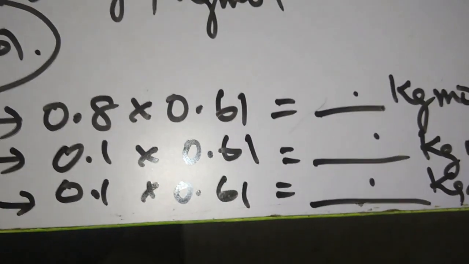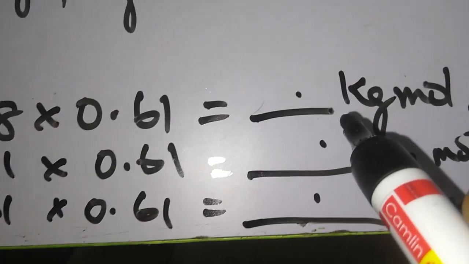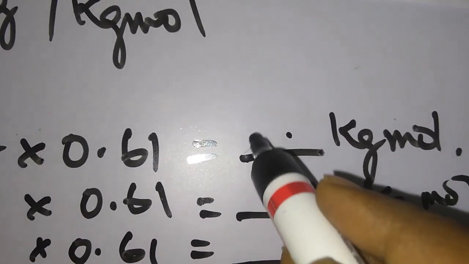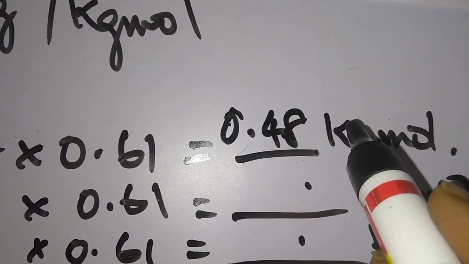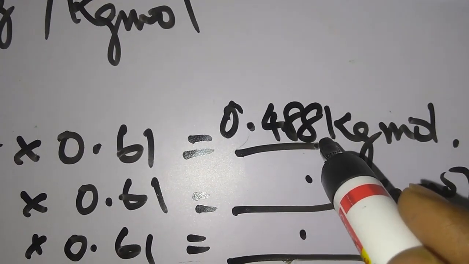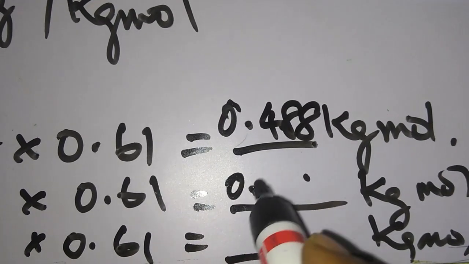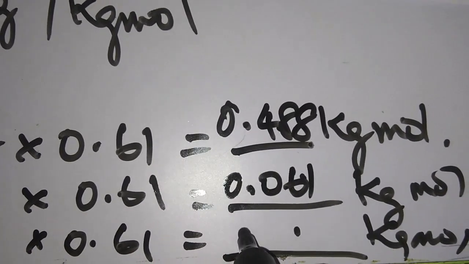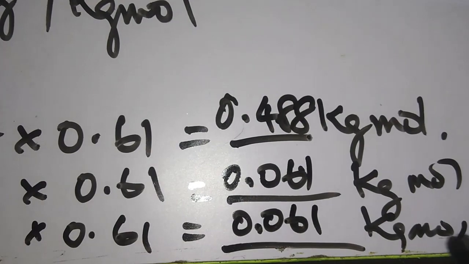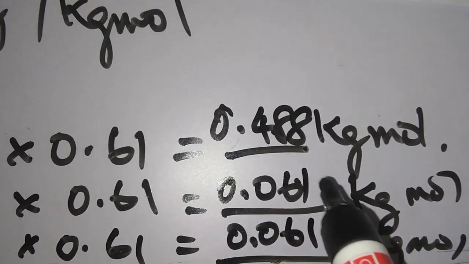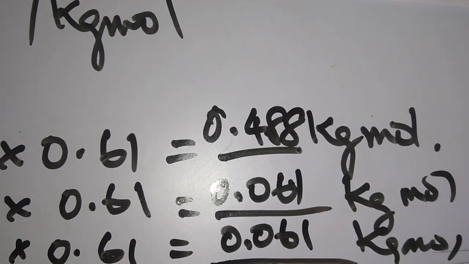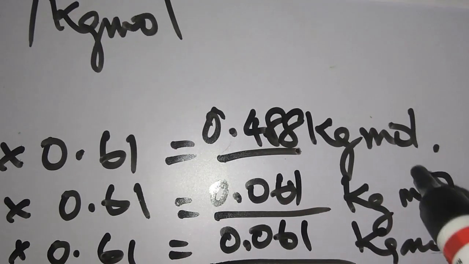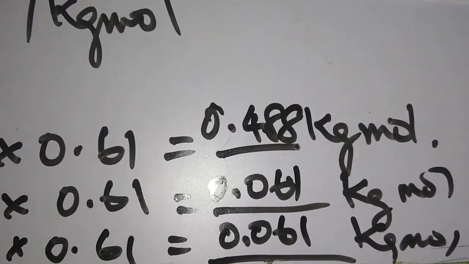Multiply and get the values. So how much are you getting? We get 0.488, 0.061, 0.061. So we can write this in the table. Go back to our table and write these values in kg moles.